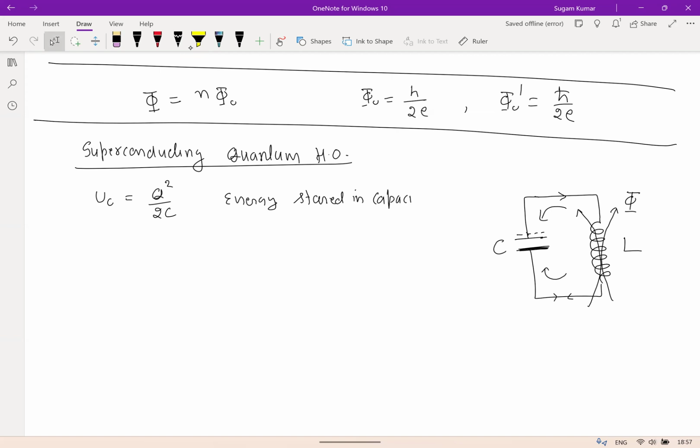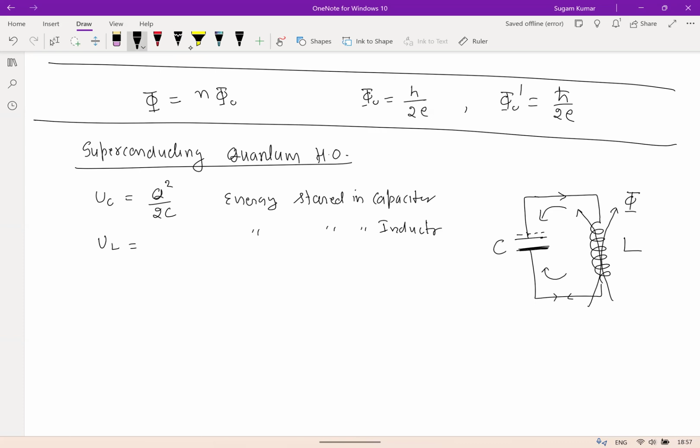So this is the LC oscillator, and here the energy is going to oscillate back and forth between the capacitor and the inductor. And similarly, the energy stored in the inductor I can call UL.